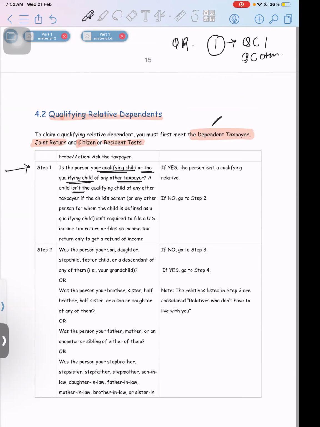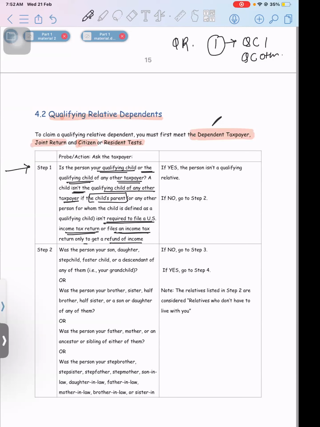A child isn't the qualifying child of another taxpayer if the child's parent isn't required to file a US income tax return or files an income tax return just to get a refund. Just for receiving a refund, if a person is filing a return, the child's parent is just filing a return to get a refund, he can't be called a qualifying child.